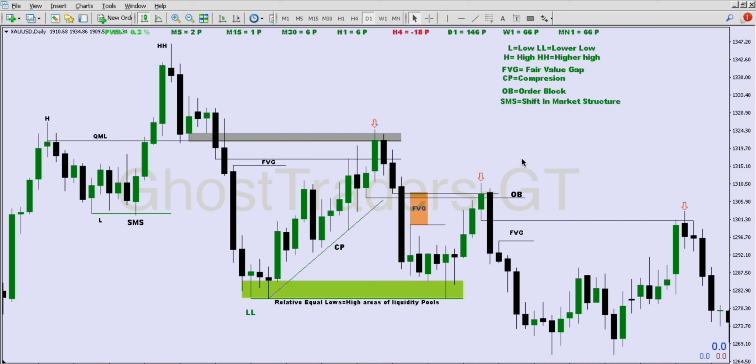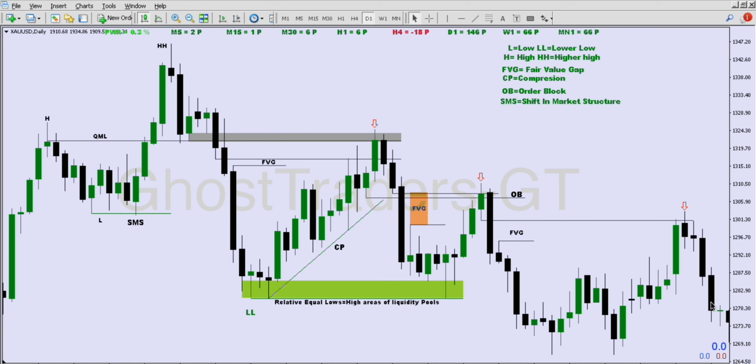Then after some time we see compression kicking in. It comes back to this level of our fair value gap with our order block.